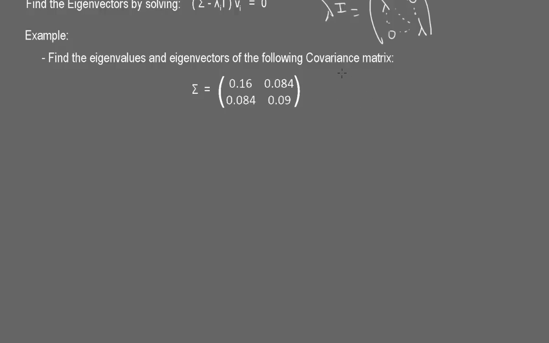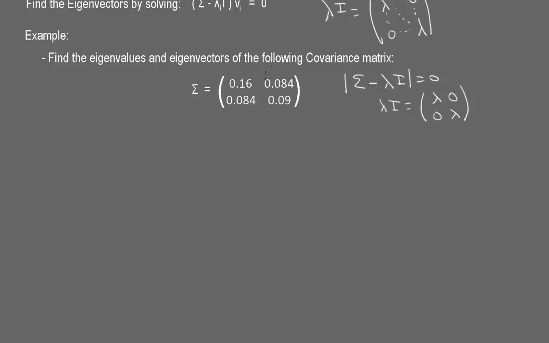To find the eigenvalues, we have to take the determinant of sigma minus lambda I and set that equal to 0. So we'll note that lambda I, again in a 2 by 2 matrix, is simply lambda, 0, 0, lambda.